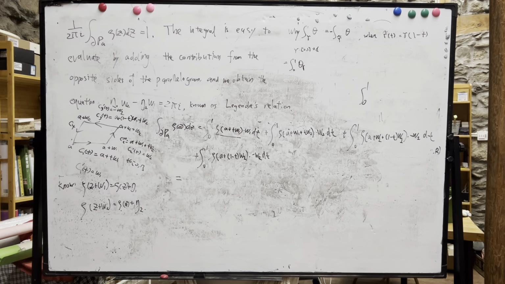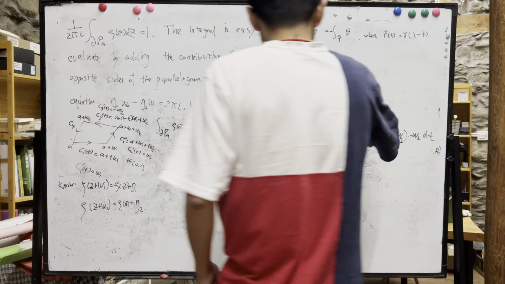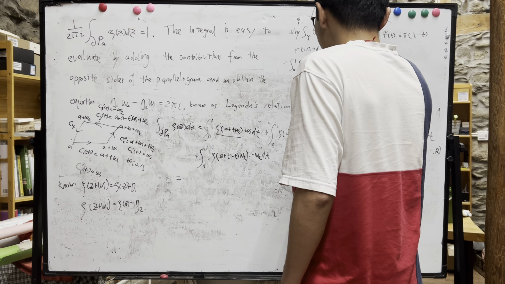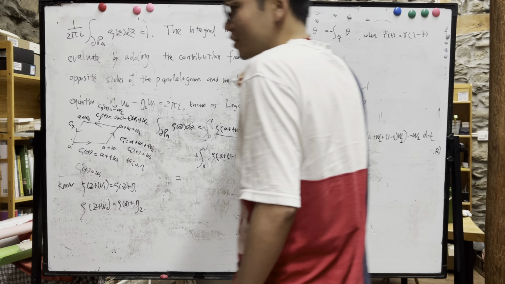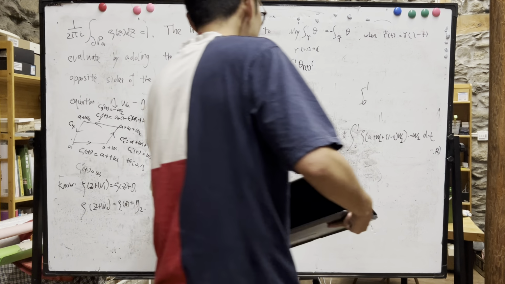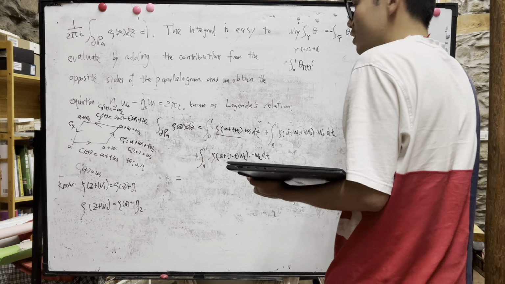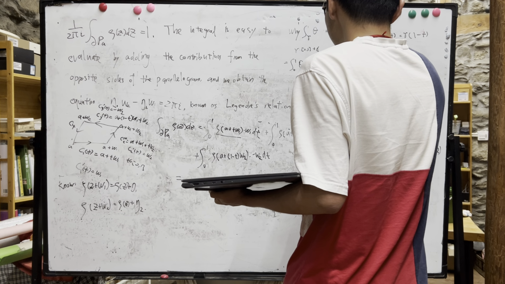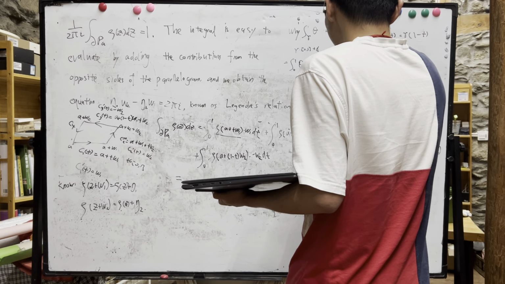Maybe I should use that. Theta at gamma t of gamma prime t, right? Okay, dt.